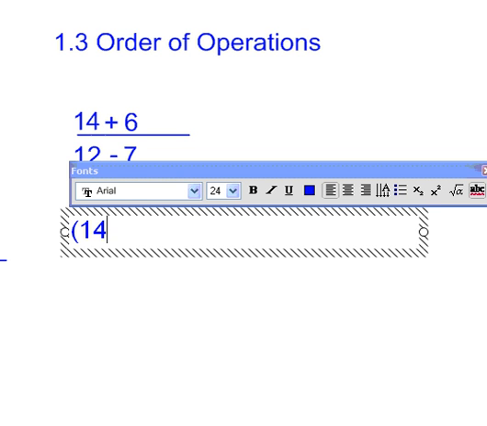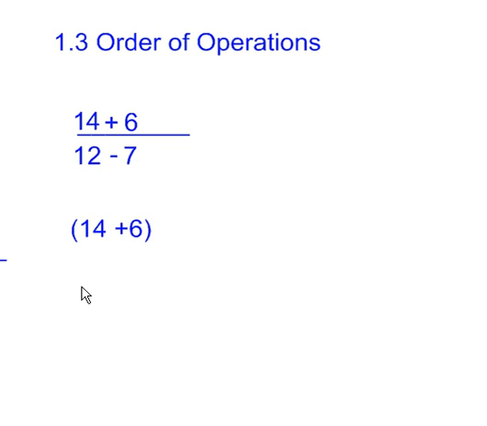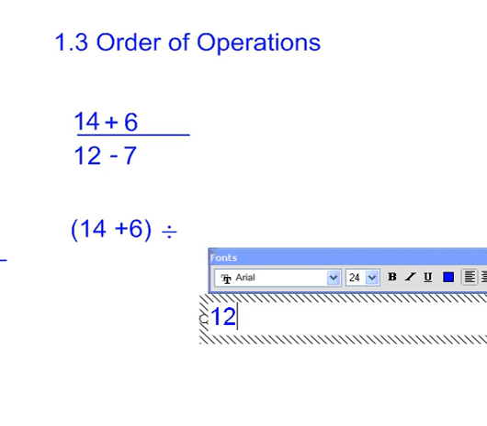So we got 14 plus 6 in parentheses. And then we're going to have divide, and then the bottom part is also going to be a group, 12 minus 7. And make sure to put the parentheses in.